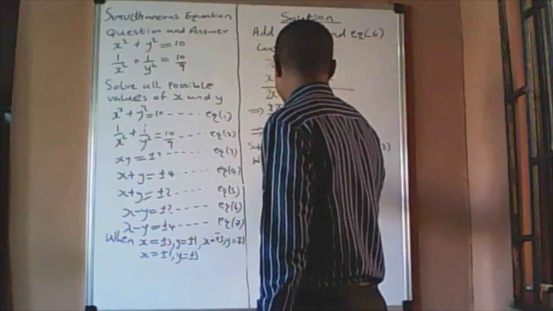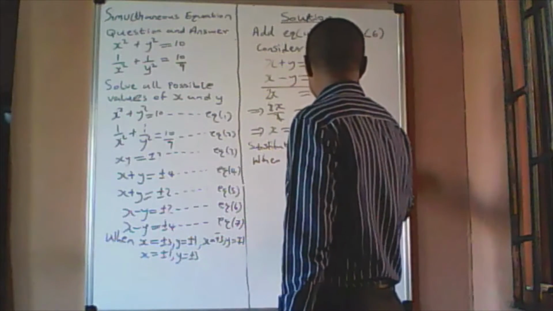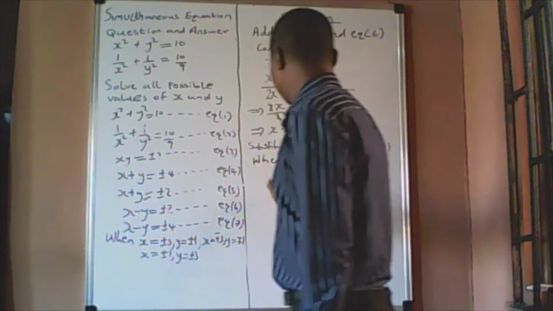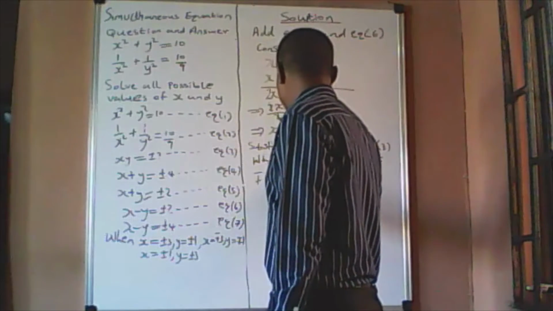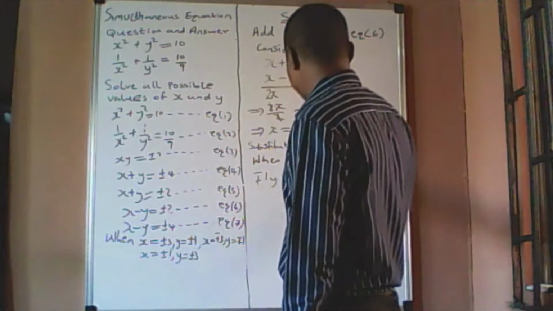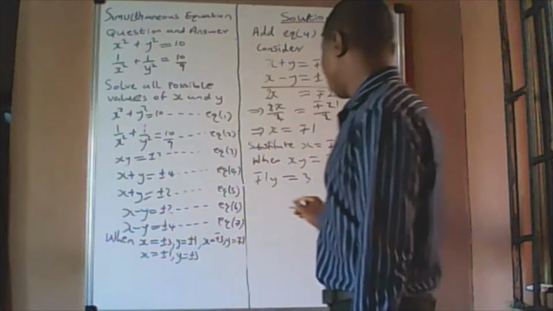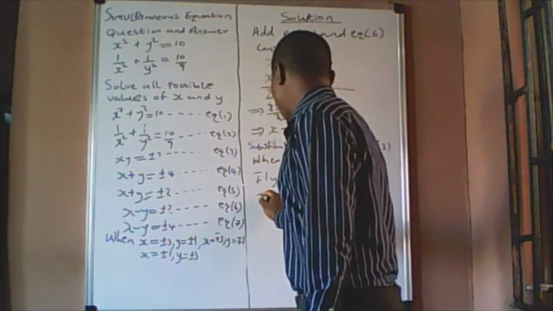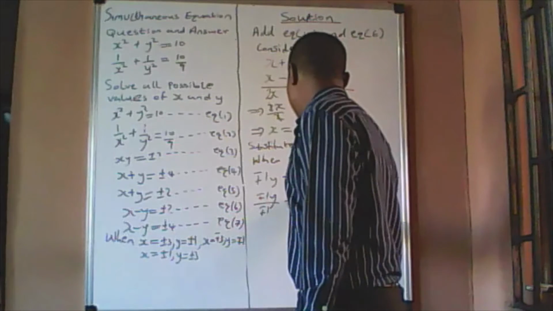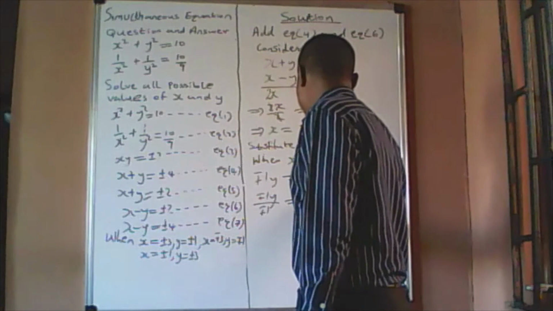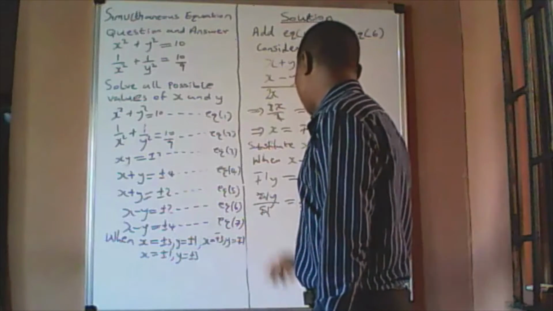When x times y is equal to 3, we get minus or plus 1y equal to 3. We divide both sides by minus or plus 1. We get minus or plus 1y over minus or plus 1 equal to 3 divided by minus or plus 1.